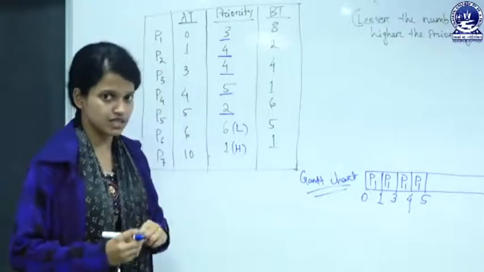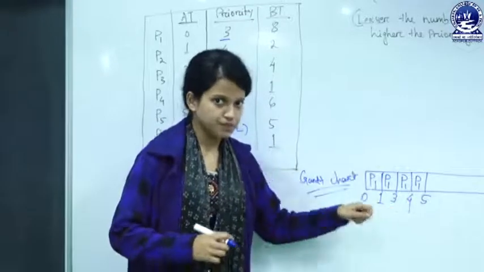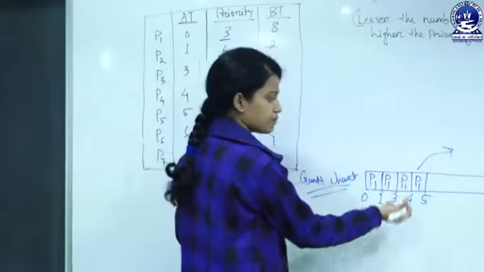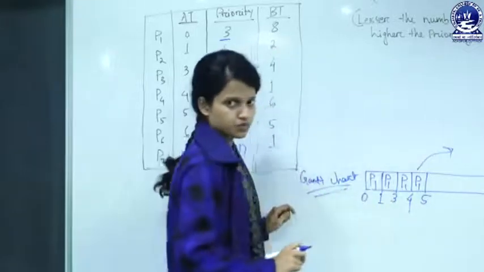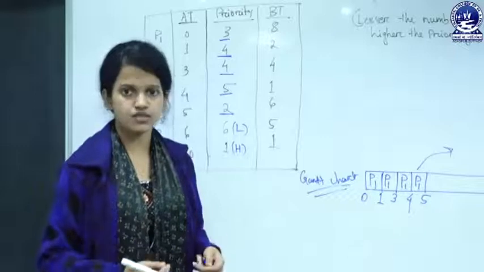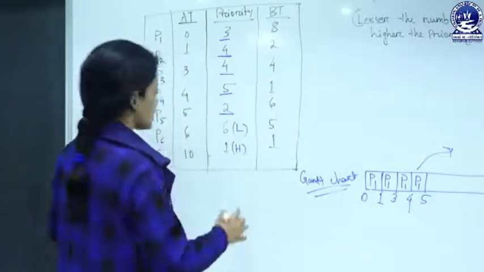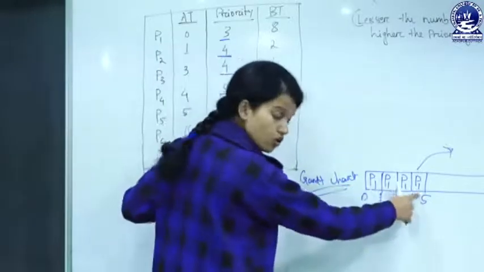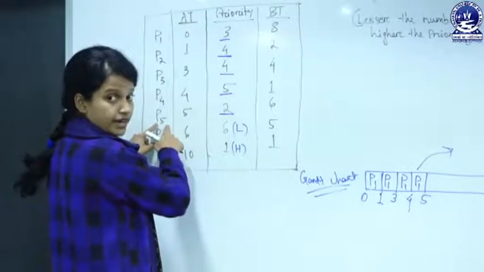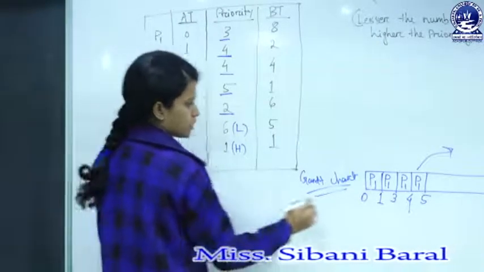We remove P1 from the CPU forcefully and allocate P5 to the CPU, because the priority of the newly arrived process is higher than the currently running process. So P1 is removed from the CPU at 5 and the CPU is allocated to P5.